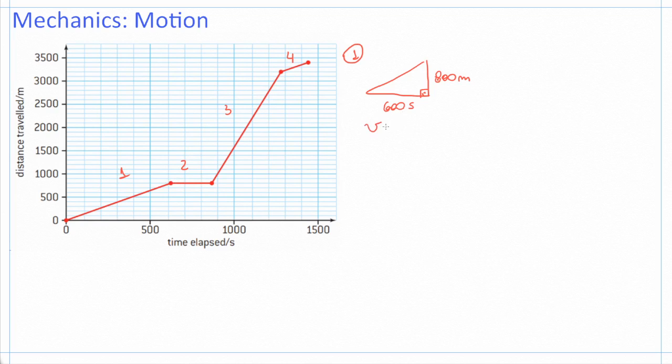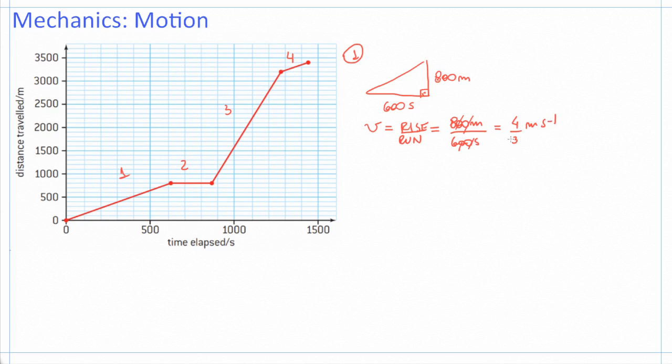So our speed would be the gradient, so that's rise over run. If we do rise over run here, rise is 800 meters and run 600 seconds, and we can observe that the units match, meters per second. We can cross some of those things out, so we would have 4 over 3 meters per second.